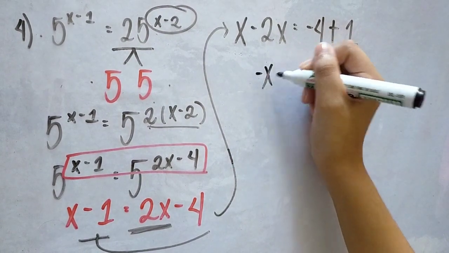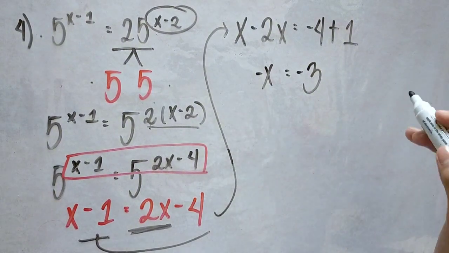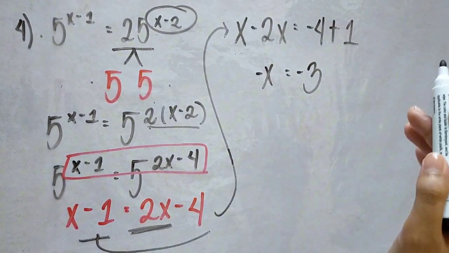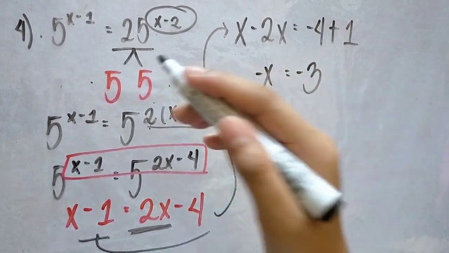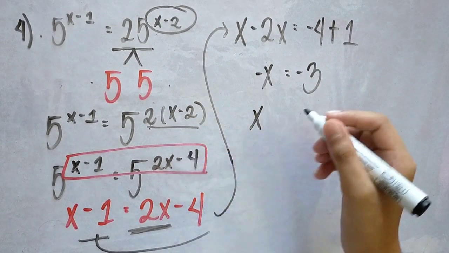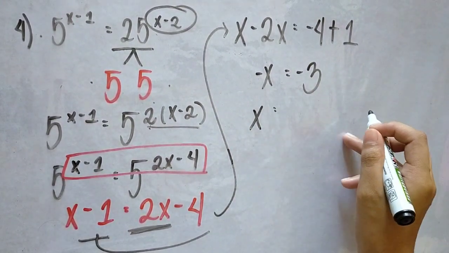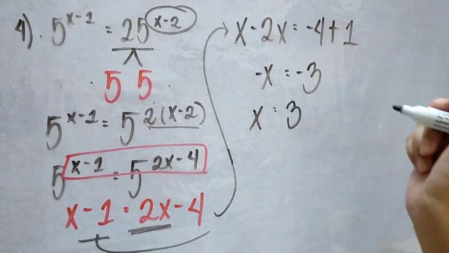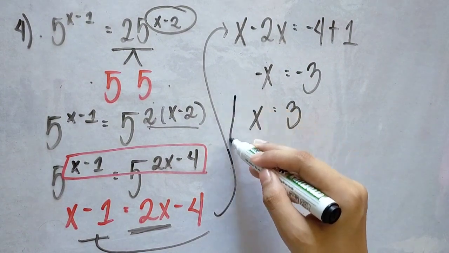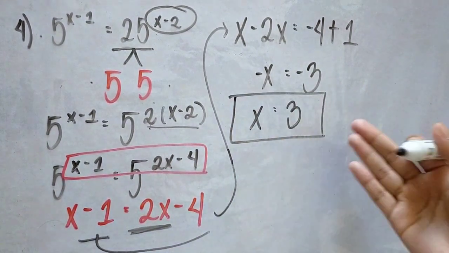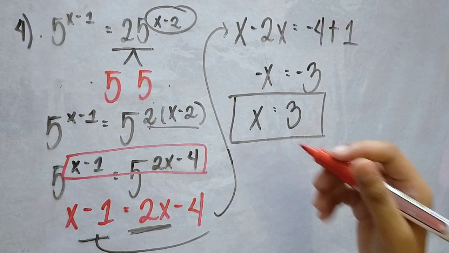Again, ang answer natin dito is x. So, let's just multiply them by negative 1. So, negative 1 times negative x, magiging positive kasi negative times negative is equals to positive. And again, negative 3 times negative 1 is equals to positive 3 kasi once na nag-multiply ka ng negative and negative, magiging positive sila. Ngayong nahanap na natin yung x, let's move on sa checking.